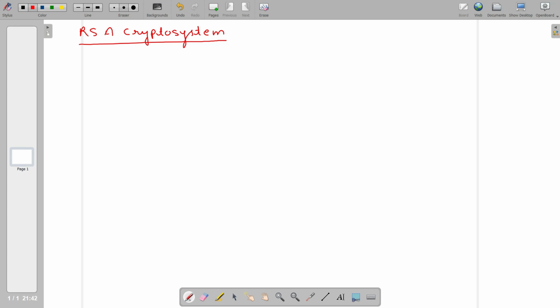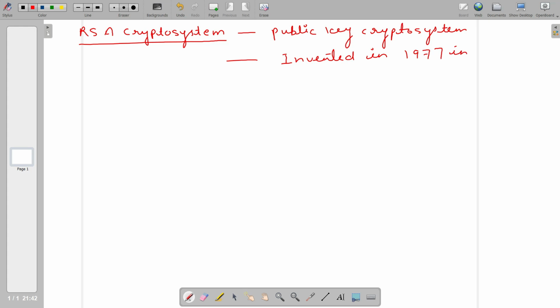This RSA crypto system is a public key crypto system. It was invented in 1977 at MIT by three cryptologists, namely Rivest, Shamir, and Adleman.